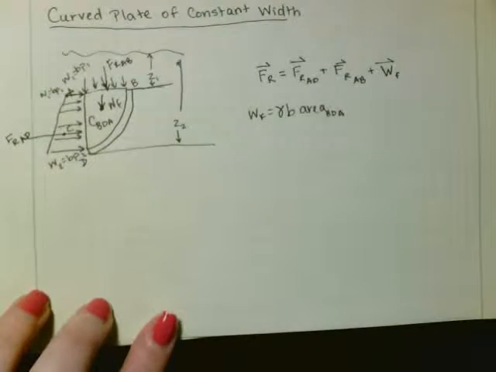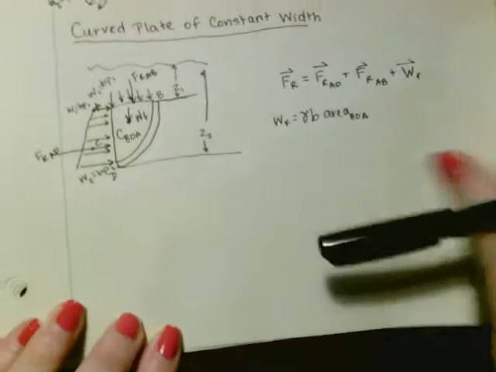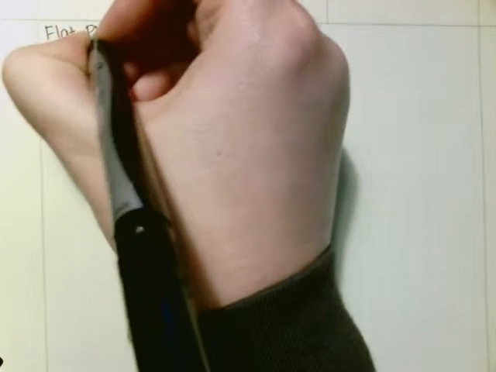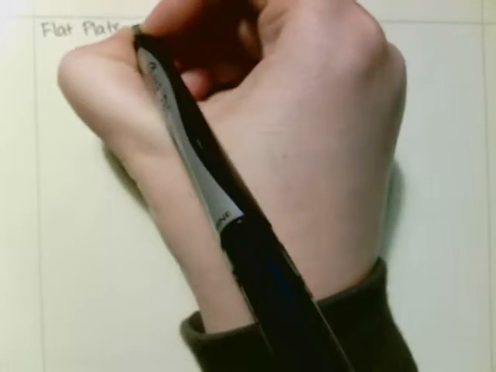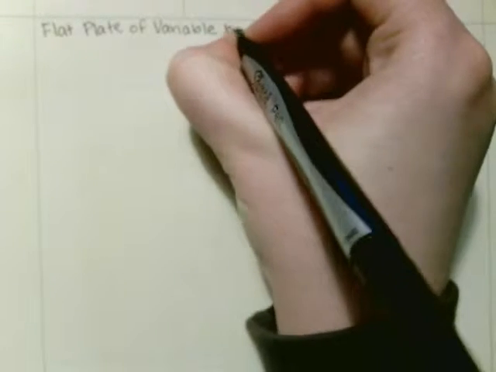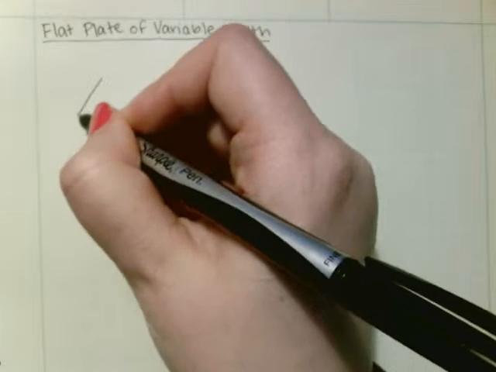And then our final scenario is a flat plate of variable width. Actually, I'm going to do this on the next page. Okay, so I'm going to attempt to draw this 3D plate.